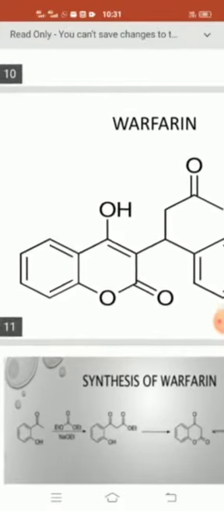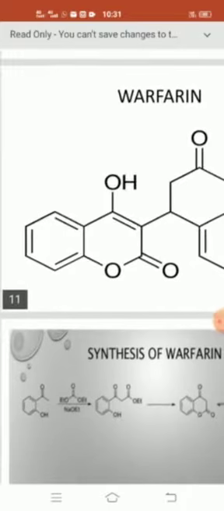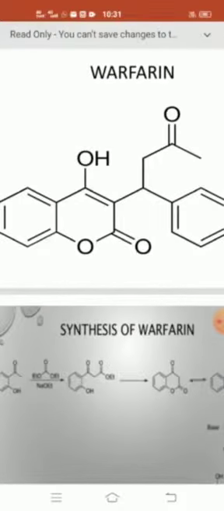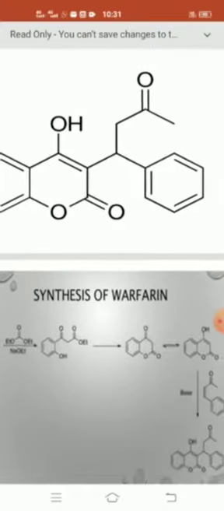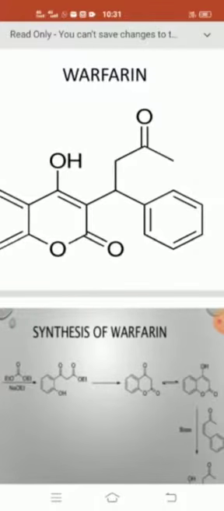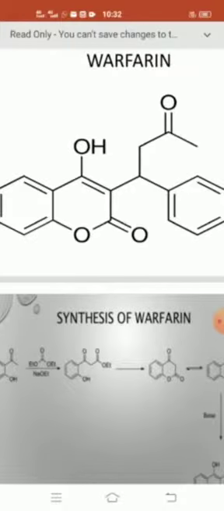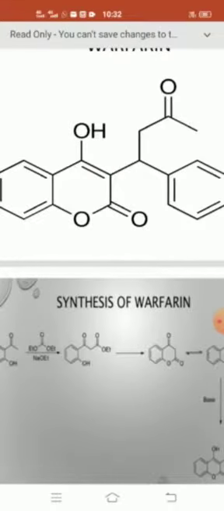So next comes warfarin. Warfarin is a very popular drug. It is a very powerful anticoagulant. It was initially used as a rat poison before they discovered its use as an anticoagulant. It comes under coumarins, so you can see the coumarin structure here.